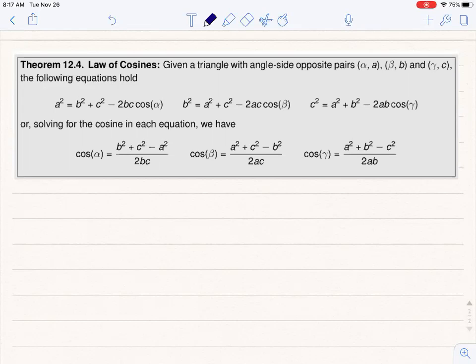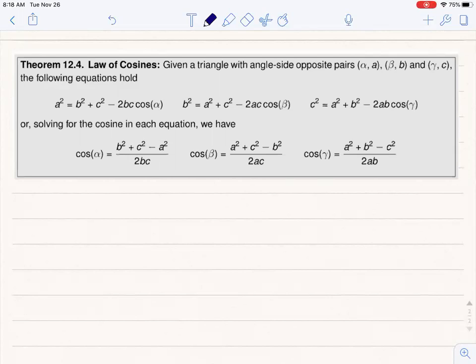Okay, so we've got the law of cosines, which says that if we've got a triangle with angle side opposite pairs alpha A, beta B, and gamma C, same as before, then we can use any one of these equations to solve for unknown values. Remember, the easiest one to think about is the side, side, side case, where we know all three sides A, B, C, but we don't know any of the angles.